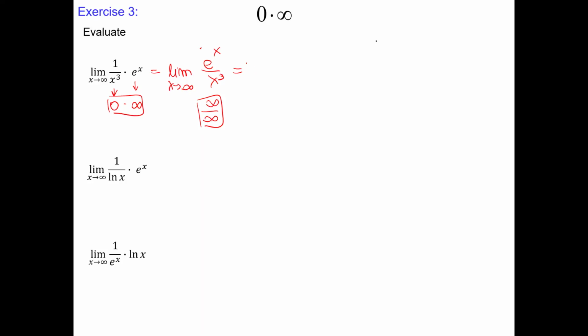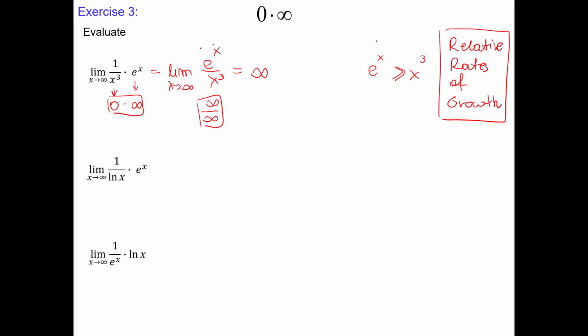And we may say that this limit actually is infinity because we know e to the x grows much, much faster than x cubed. I am using the relative rates of growth. And if the numerator is winning, it is infinity.